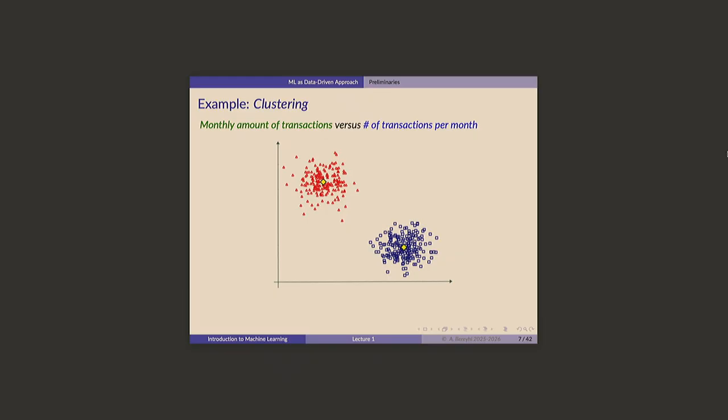It has done 20 transactions, and then the amount of transactions altogether, maybe there are $1,000. This is one point that you get, right? Now, you can do it for every single account. You go for the next account, it shows up here. Next account, it shows up here, and so on.